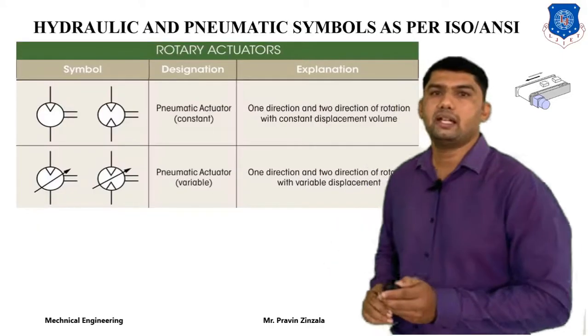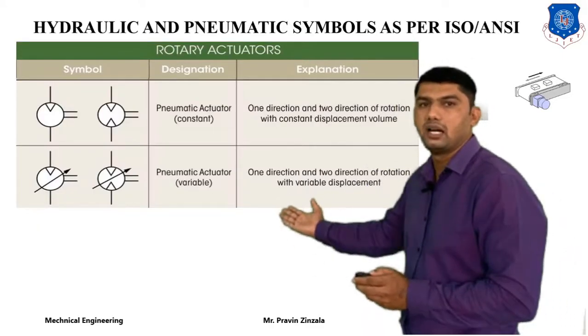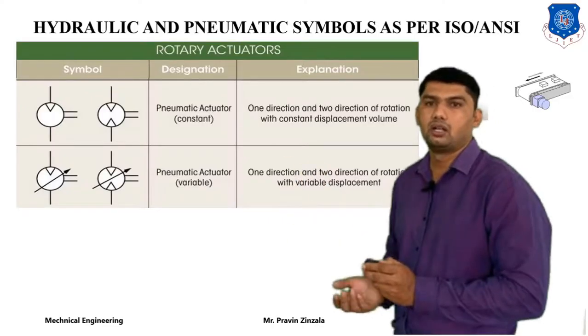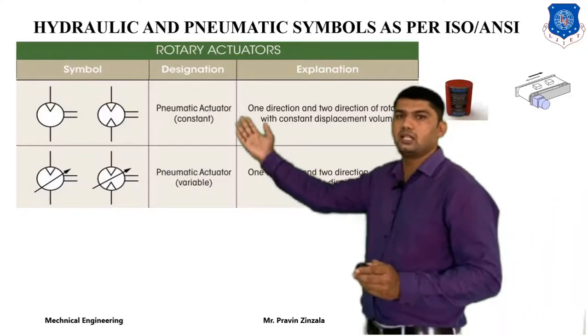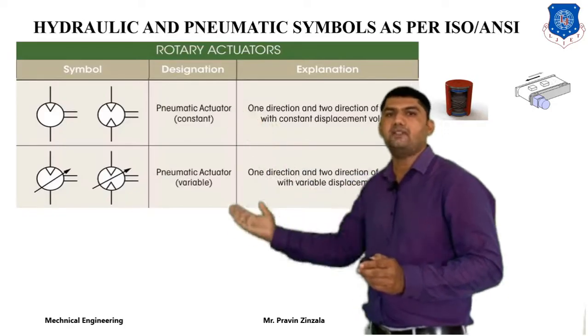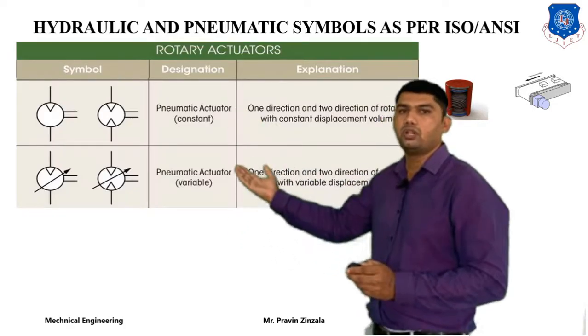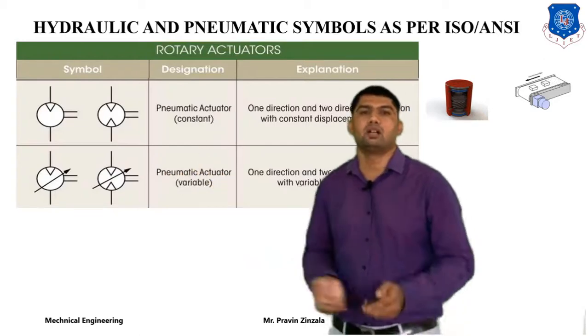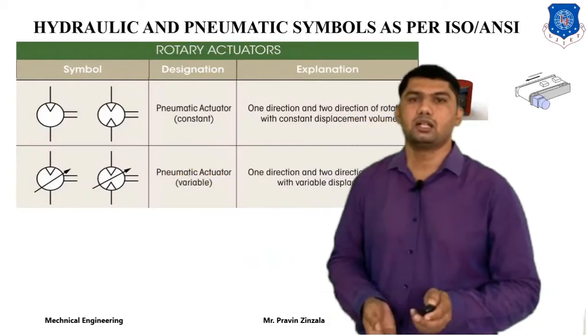Next is the pneumatic actuator with variable displacement, meaning the output varies according to requirement. The difference between the symbols of constant and variable actuators is only the cross arrow drawn, which makes it a variable displacement actuator.